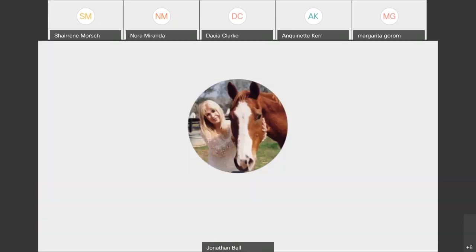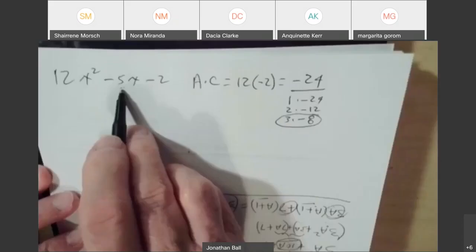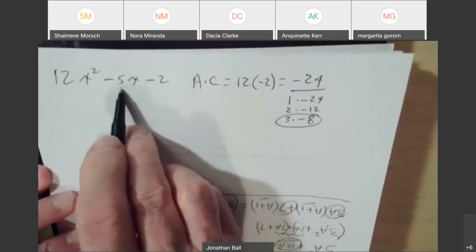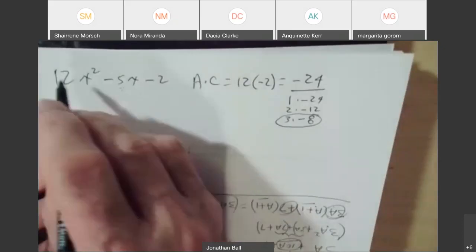Okay, what do we want to put next to here? Okay, so we have 12x squared.